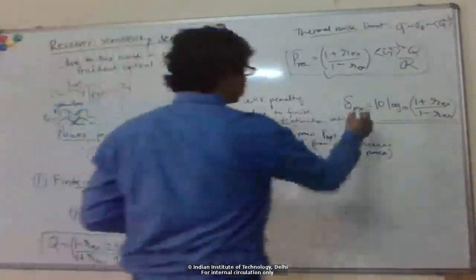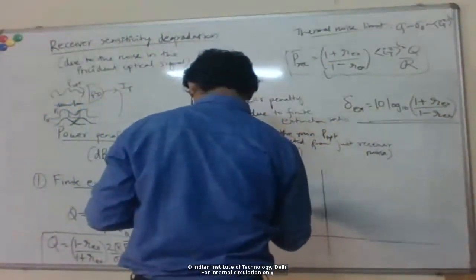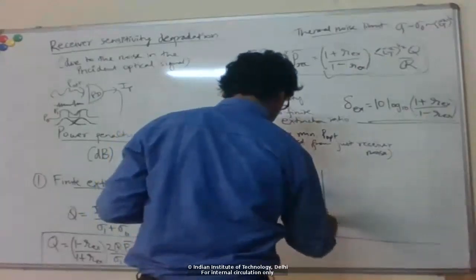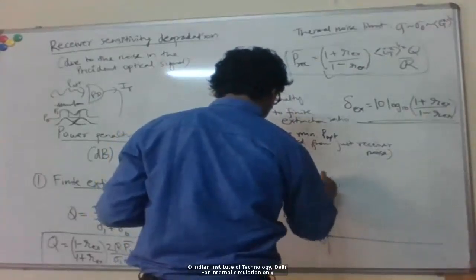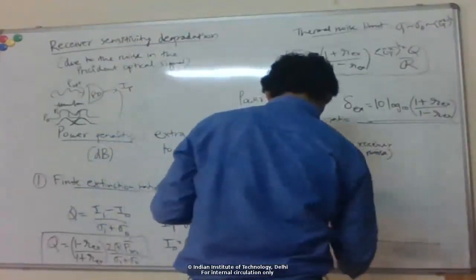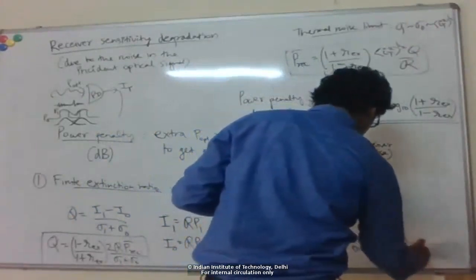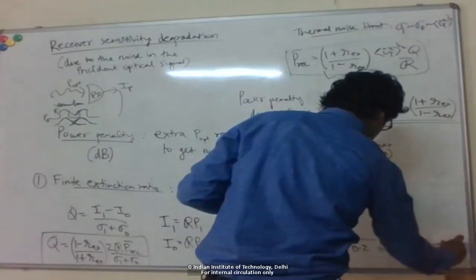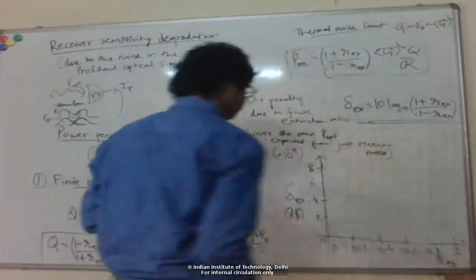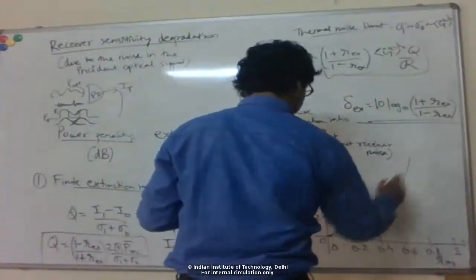Right, so if I plot this power penalty as a function of this extinction ratio here, it goes like that.